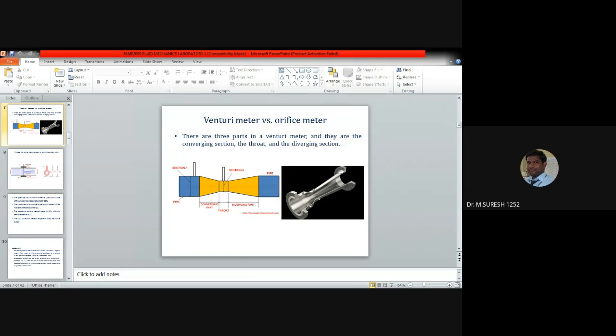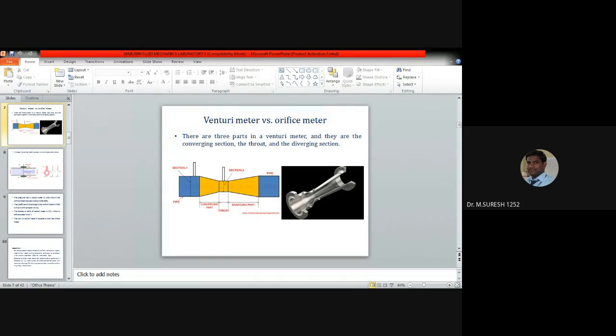Whereas for the orifice meter, it's around 0.6. While calculating, you may get an average of less than 1 or more than 1, but you should know how to take the readings. Also look at the turn down ratio.